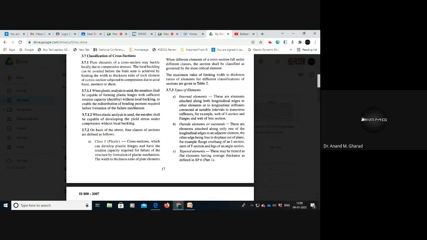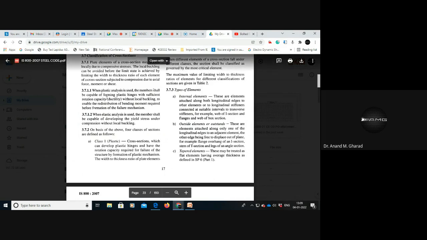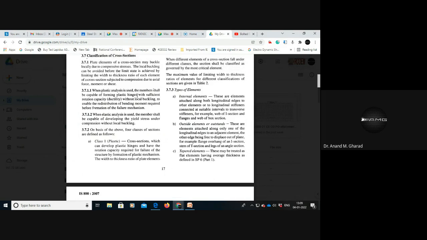Okay. When plastic analysis is used, the members shall be capable of forming plastic hinges with sufficient rotation capacity, which we call ductility, without local buckling, to enable the redistribution of bending moment required before formation of the failure mechanism.